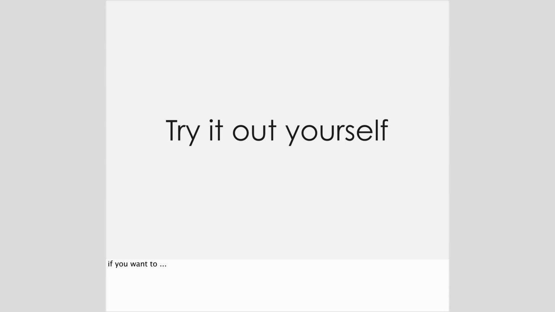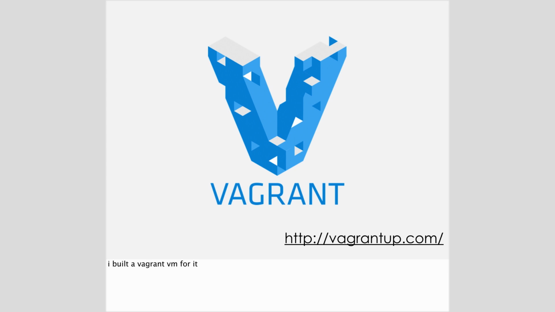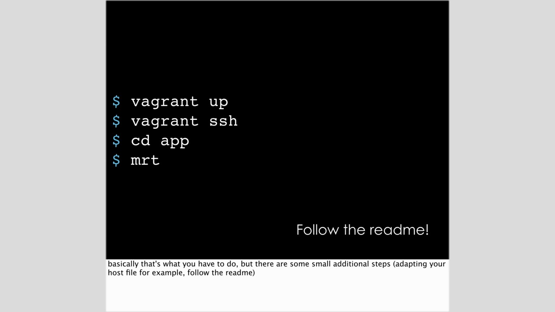And to make it as easy as possible to try it out yourself, I actually did a bit more work than just building the application. I also built a Vagrant virtual machine. So all you have to do is clone this Vagrant virtual machine, say vagrant up, then vagrant ssh, go into the app directory, which is in the home directory of the Vagrant VM, and then call mrt, which starts up the Meteor application.